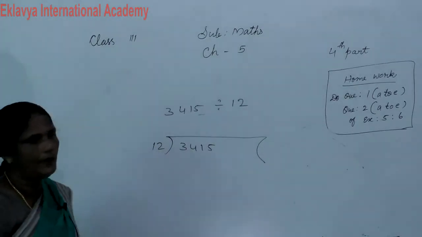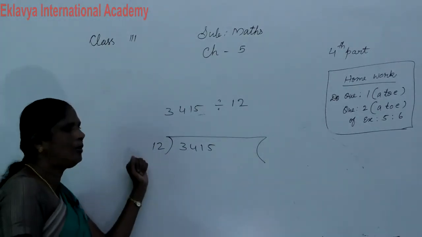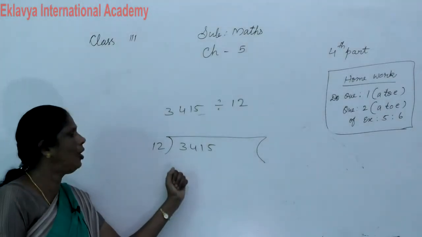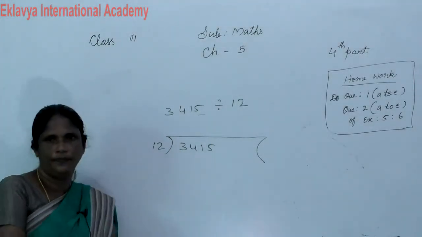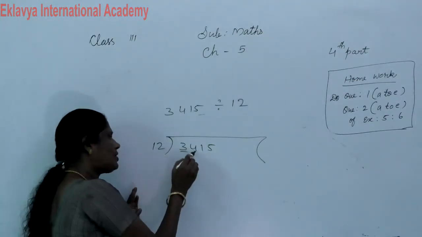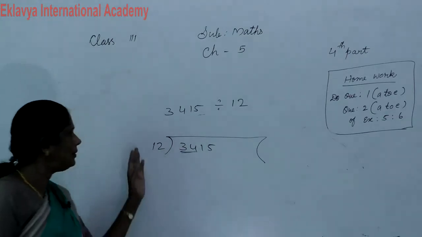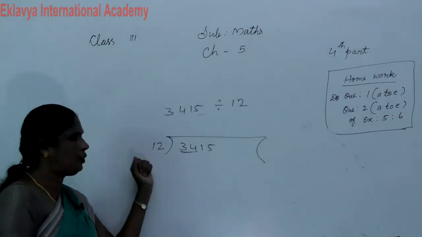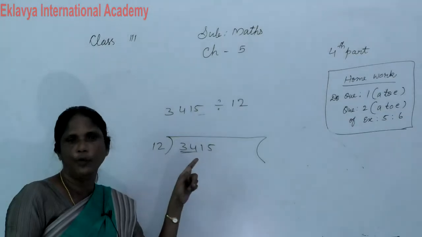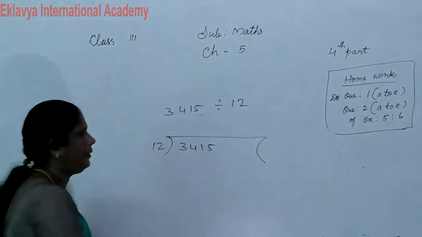First you divide. Here, table of 12, how many times go in 3? Not go. You take next digit also. Now, table of 12, how many times go in 34? 2 times.